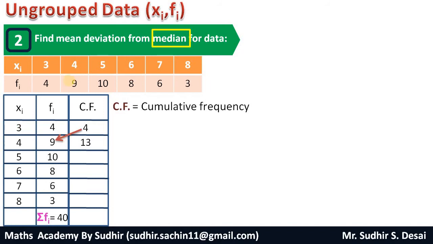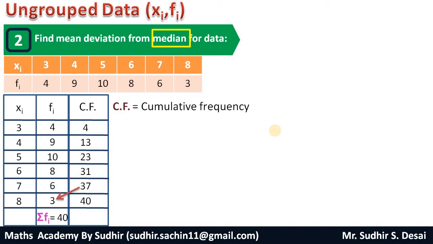Next CF is obtained by taking the addition of 13 with 10. So 13 plus 10 is 23. Next CF is obtained by taking the addition of 23 with 8, which is 31. Next CF is obtained by taking the addition of 31 with 6, that is 37.